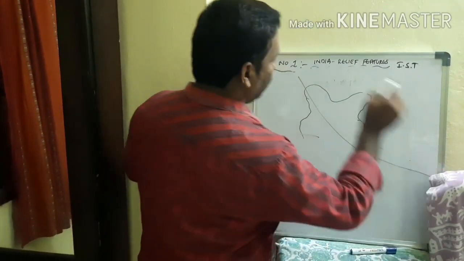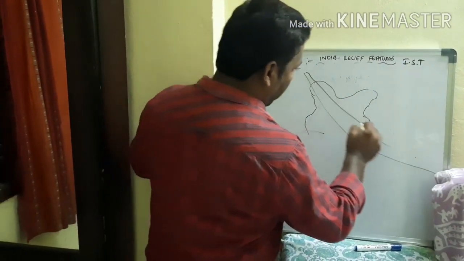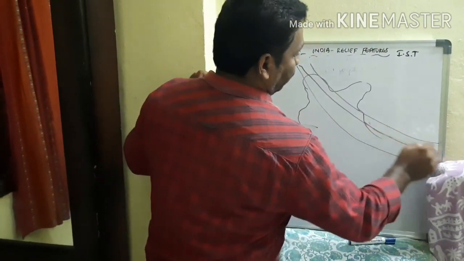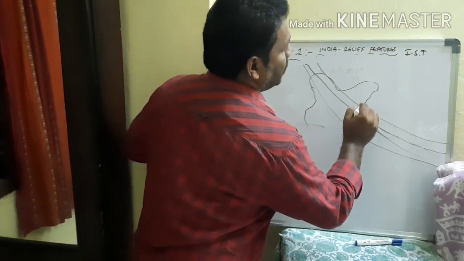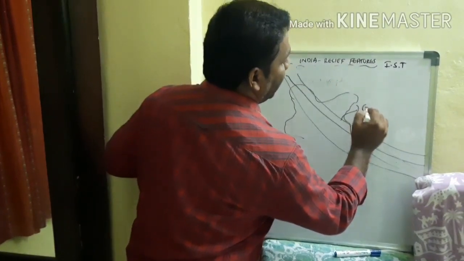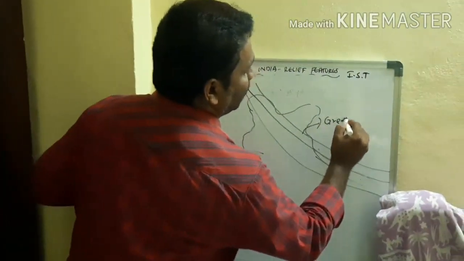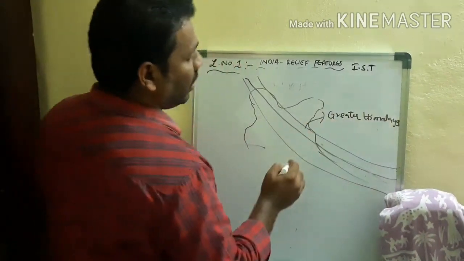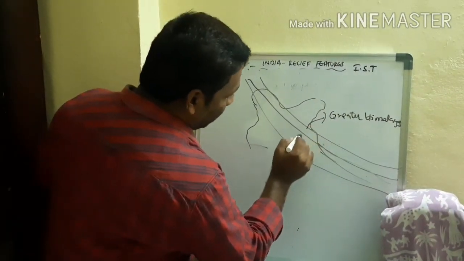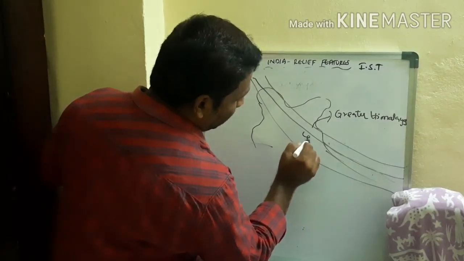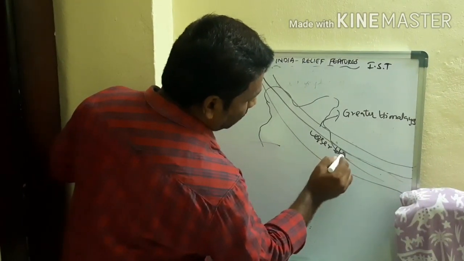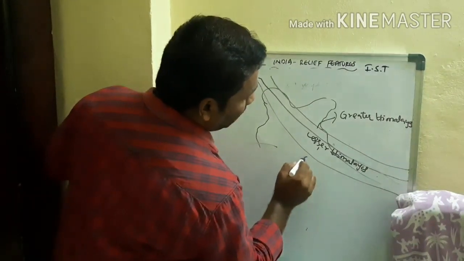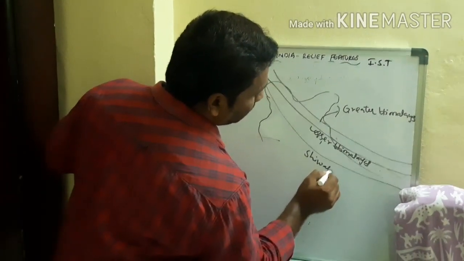This is called the Greater Himalayas. To the south of the Greater Himalayas is called what? Lesser Himalayas. To the south of the Lesser Himalayas we call it the Shivaliks.